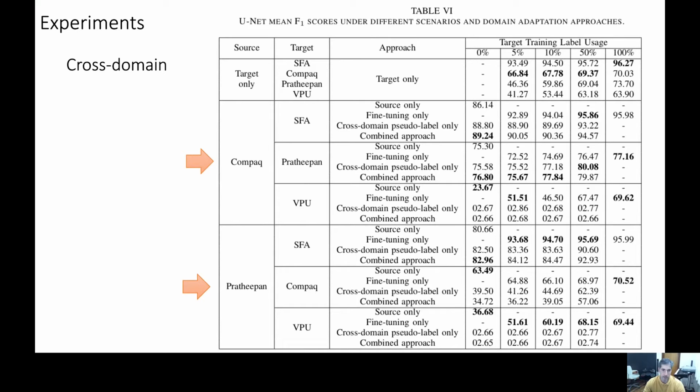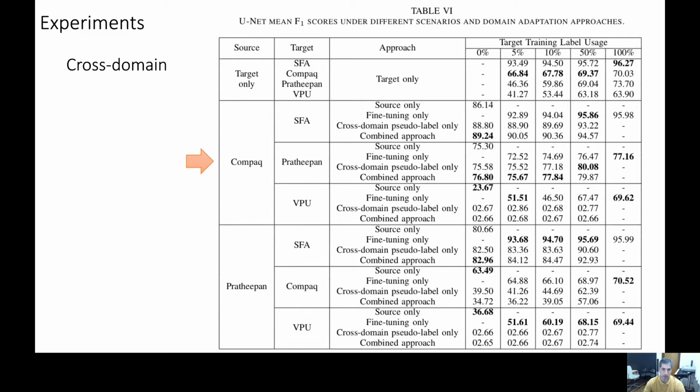As cross-domain sources, we used COMPAC and Pratheepan datasets as they are the most diverse and presented more generalization power. Given the superiority of FCN-based holistic approaches, from now on we focus on our UNet model. We evaluated the effect of changing the amount of training data and present results ranging from 0 labels to all labels.